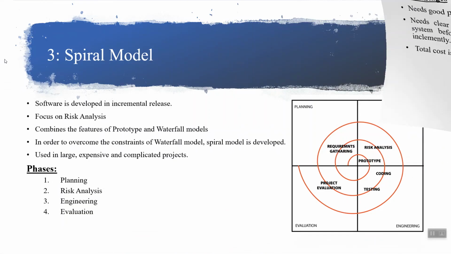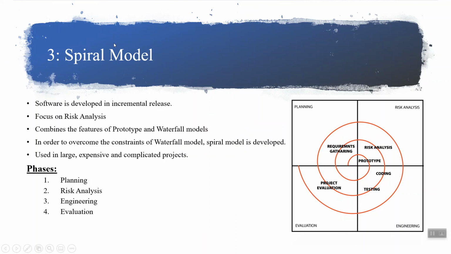The third model is the spiral model. In the spiral model, software is developed in incremental releases. Here we focus on risk analysis. It combines the features of the prototype and waterfall models. In order to overcome the constraints of the waterfall model, the spiral model was developed. It is used in large, expensive and complicated projects.